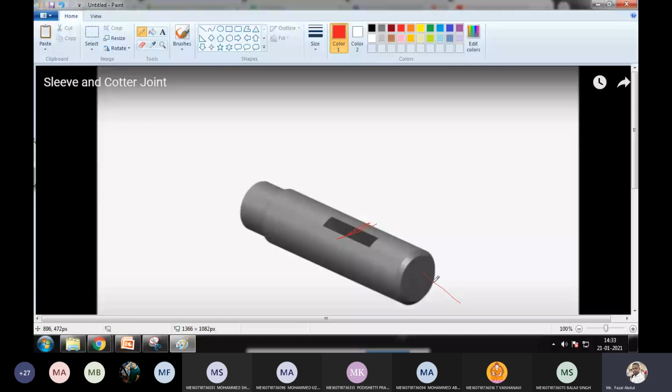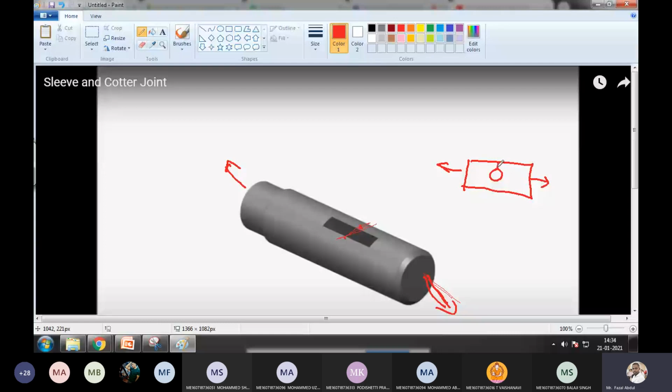Because of the application of tensile force here and here, the rod is going to fail at this weakest portion, because of the stress concentration phenomenon. Stress concentration means, suppose this is a rectangular plate with a hole and this is the type of load applied: the stress is maximum at the edges of the hole and minimum at the center.